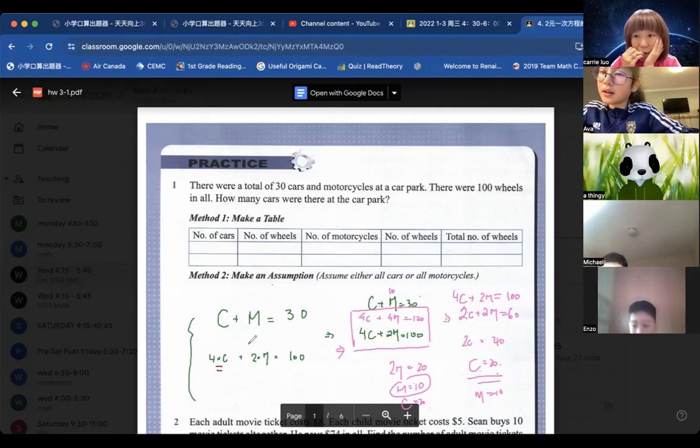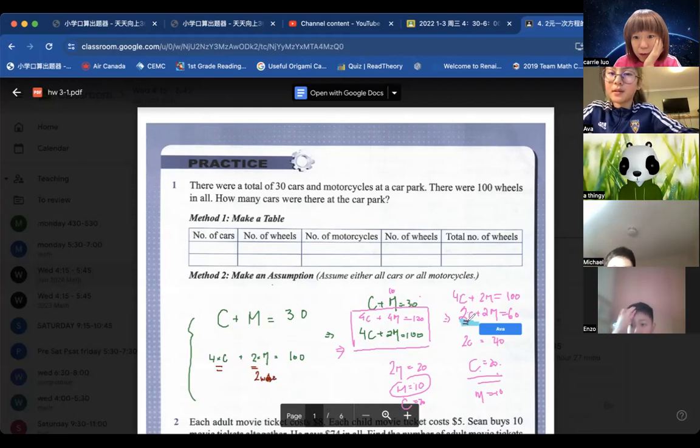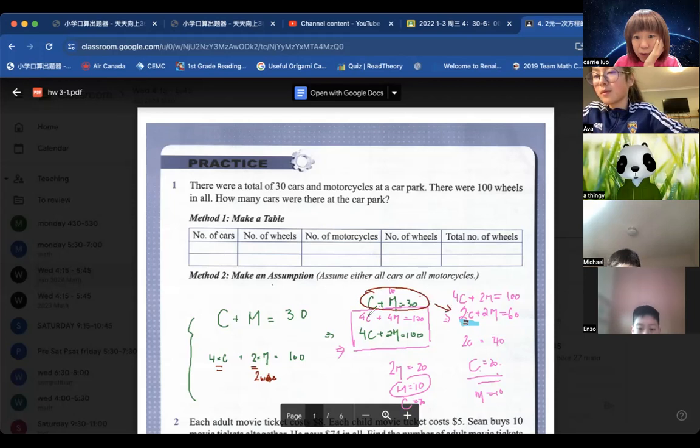Why is it 2 instead of 4? For the bottom one? The motorcycle only has 2 wheels. For this one. Oh, because you want to times 2 instead of 4. Why do you want to times 2? Okay, I get it.